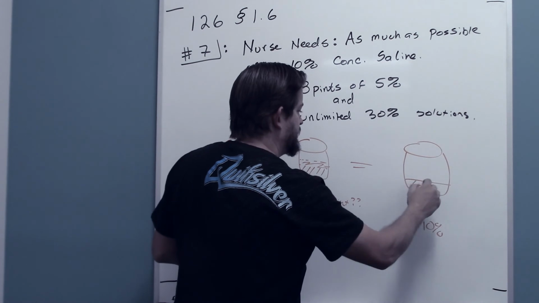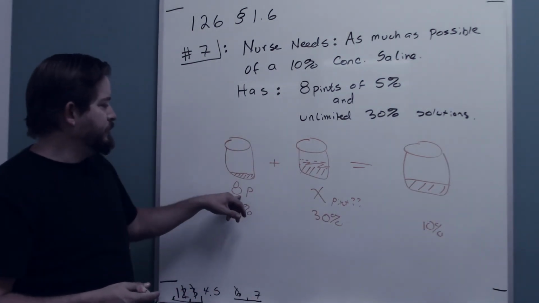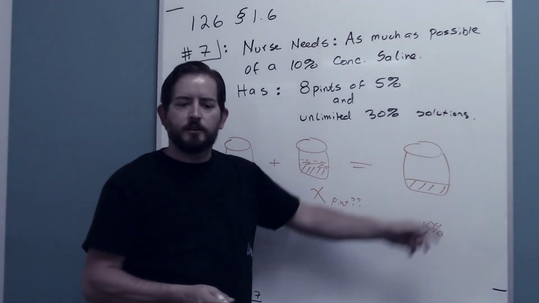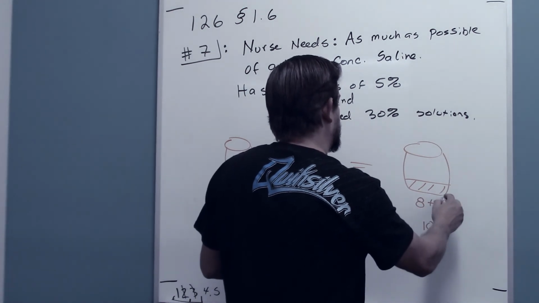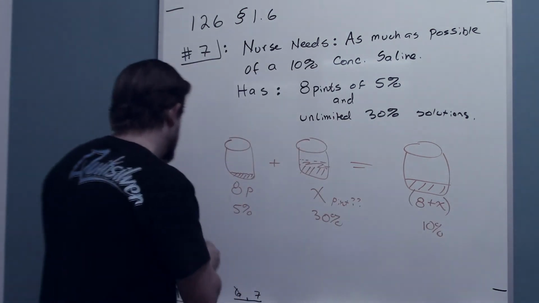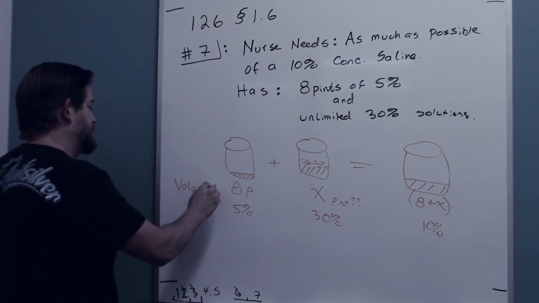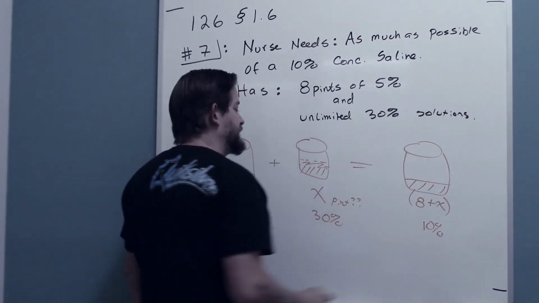So 10% is salt. But if I'm adding 8 pints to an unknown amount, I know that this is going to be 8 plus that unknown amount. That's how much is here. Right? So I have volumes: 8 pints, an unknown number of pints, and then 8 plus x, right?